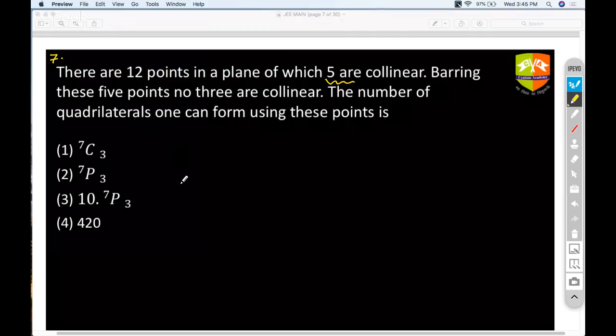Option D. Sai says option 3. Okay. Let's discuss this out.